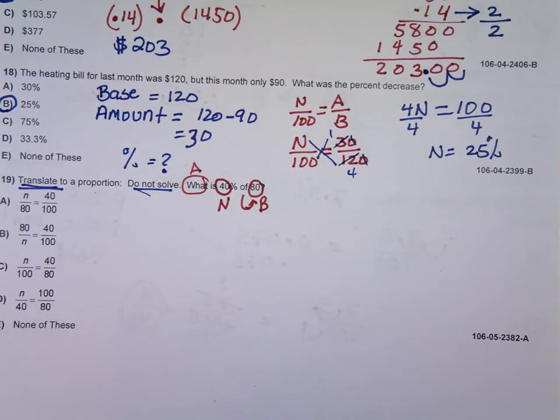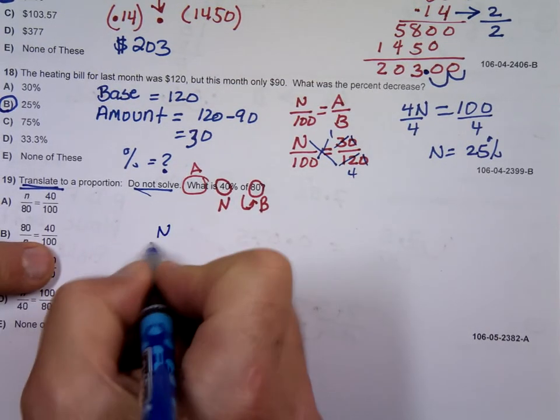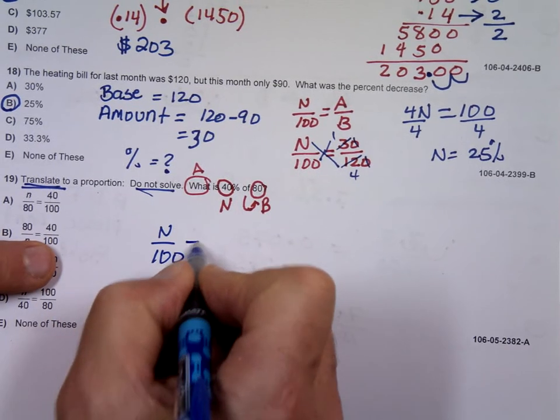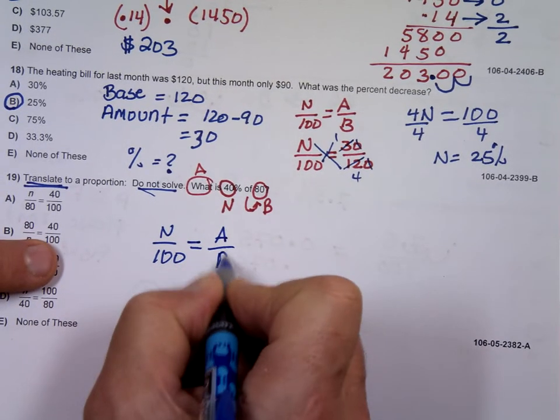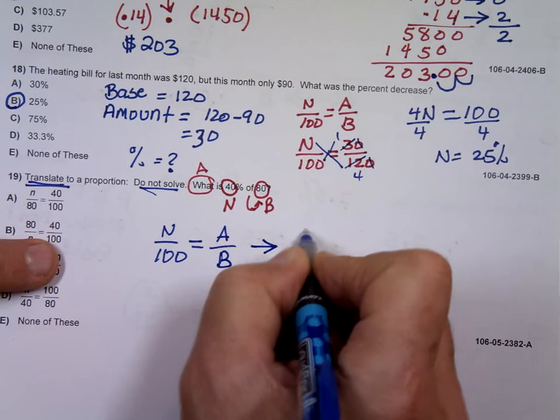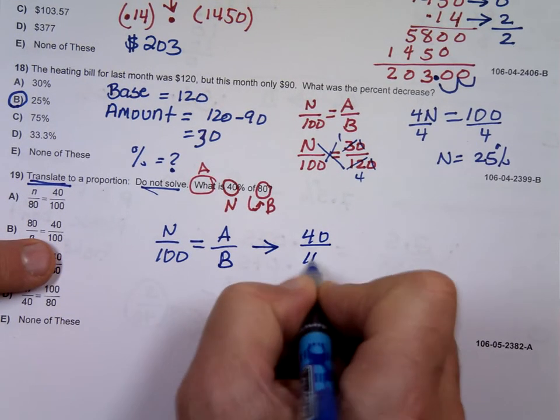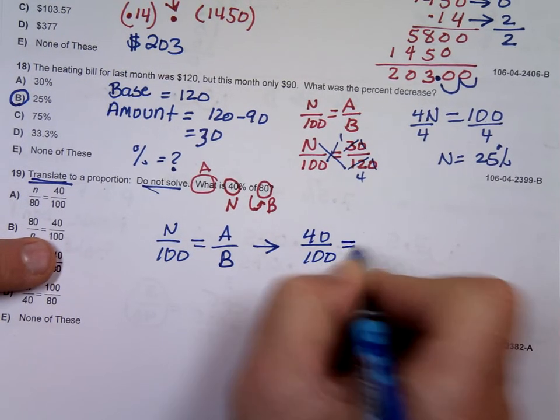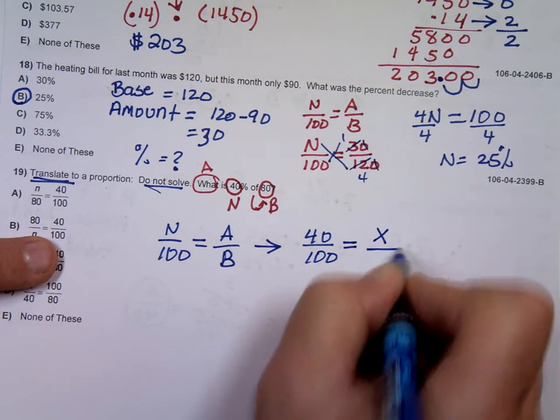The ratio of N to 100 is the amount to the base. 40 to 100 equals the amount x, n, whatever you use, to the base, which is what, 80?